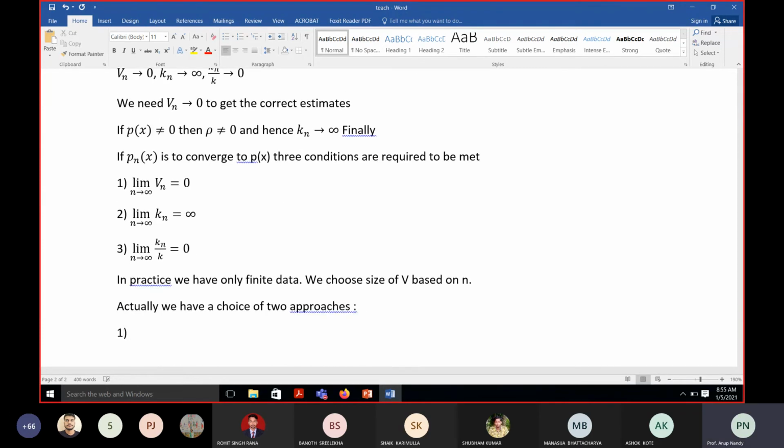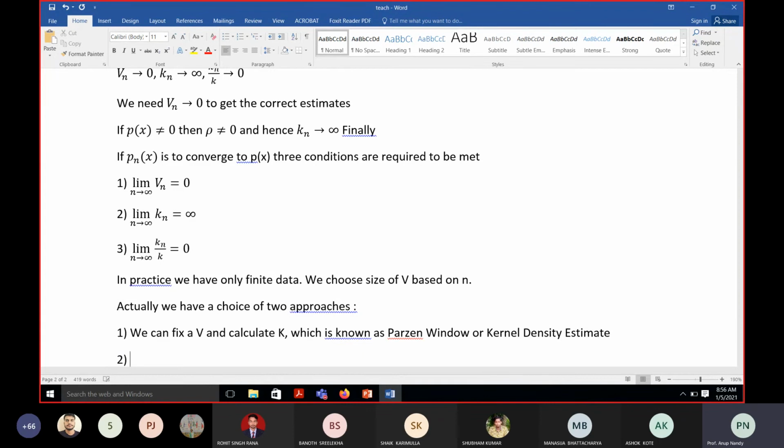What is the first approach? We can fix the volume V and calculate K, which is known as the Parzen window, or the kernel density estimate.